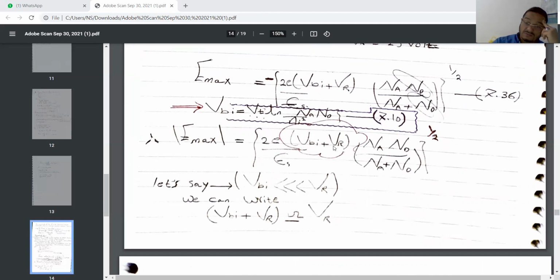That means if the reverse bias is bigger than the built-in barrier potential, we can ignore it, because whether we include it or ignore it is not a big deal, since its result is very small.